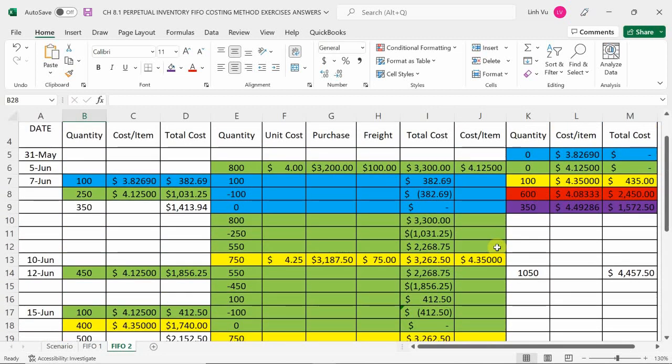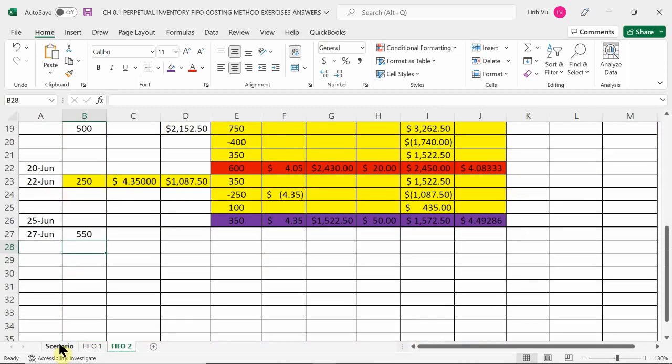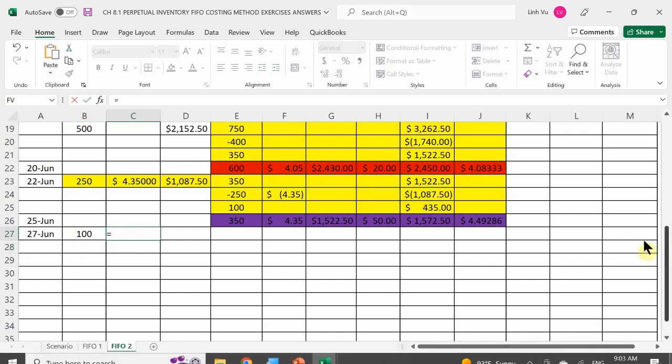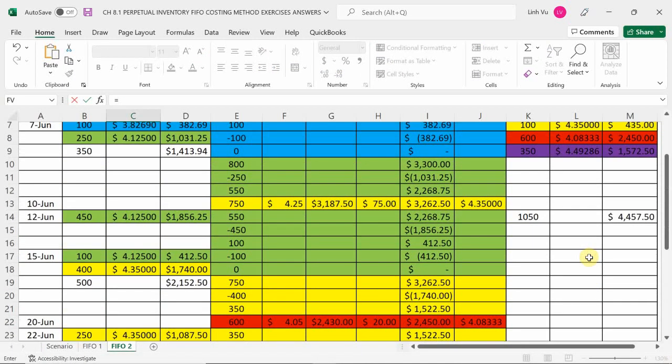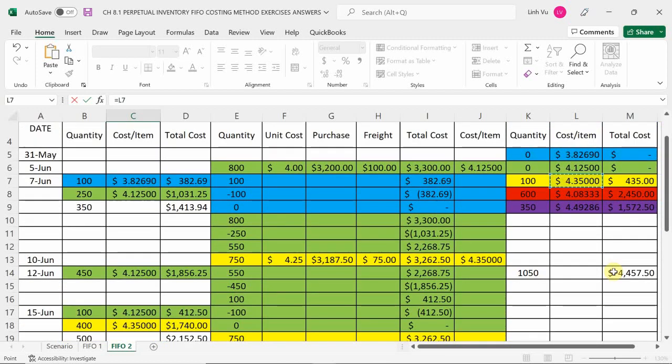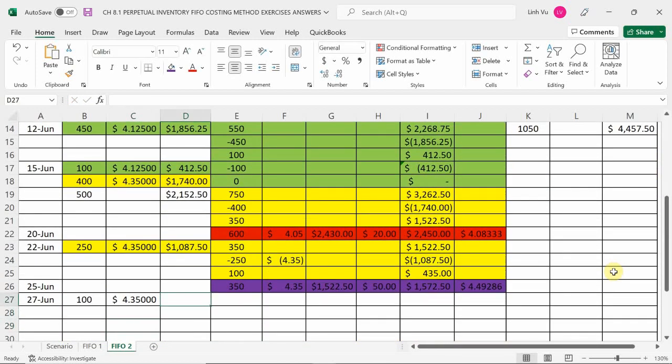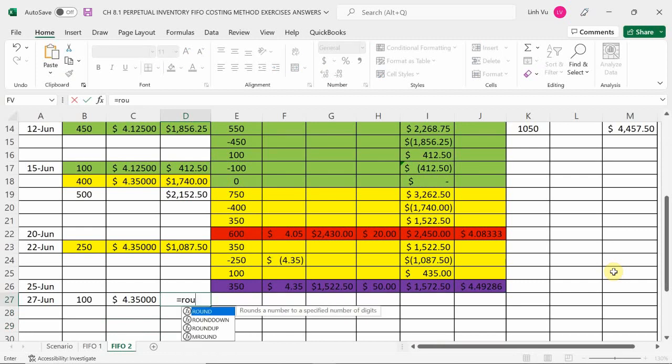Okay, you're going to sell the yellow. So I'm going to sell the 100 from the yellow. You're gonna do 450 out of the red.